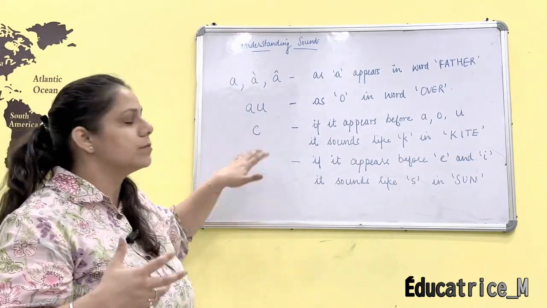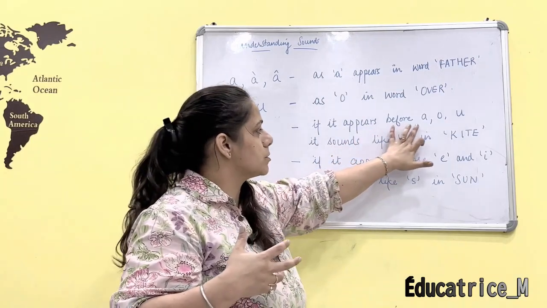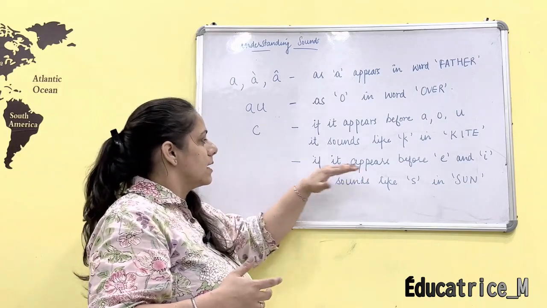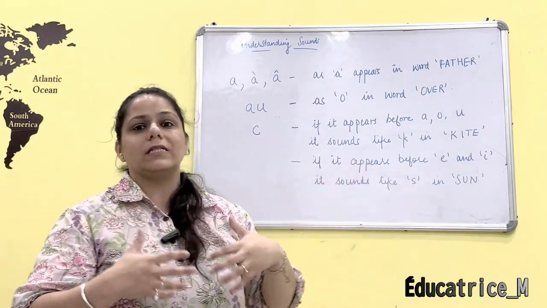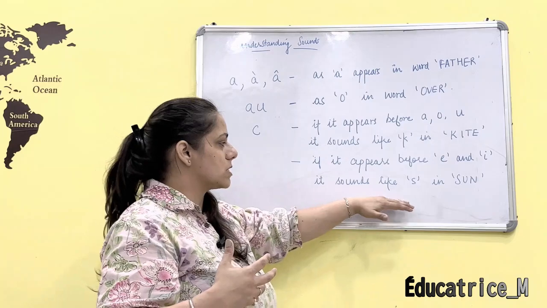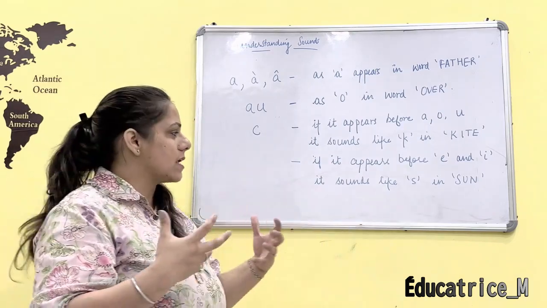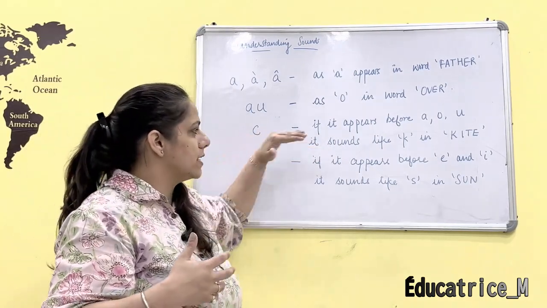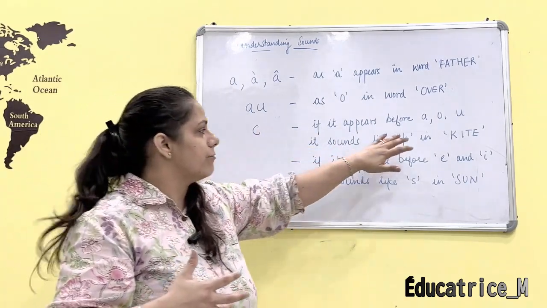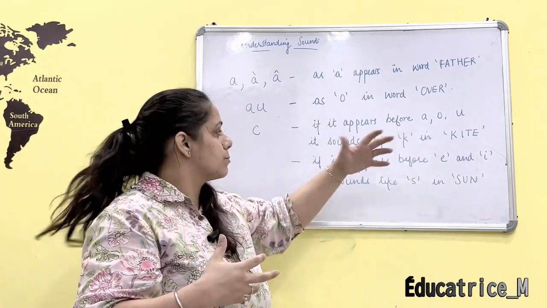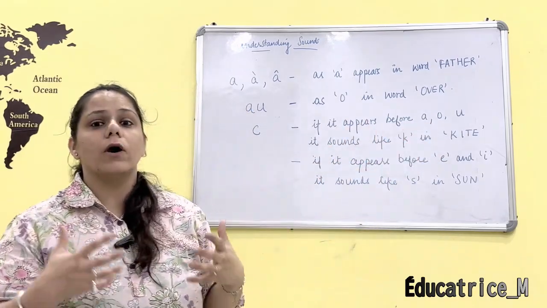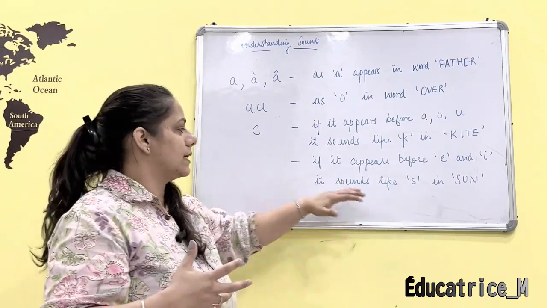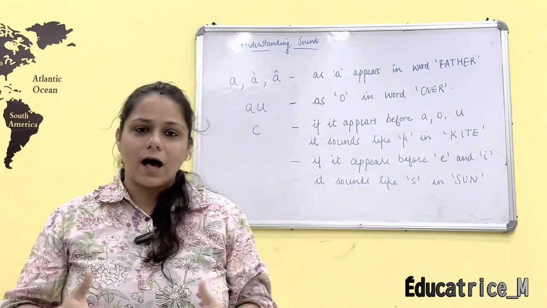K. This becomes K whenever it appears before the vowels A, O, and U. Next is, if it appears before the vowels E and I, it sounds like S in the word sun. S. So it gives the sound of K when it is written before A, O, and U, and it gives the sound of S when it is written before E and I.